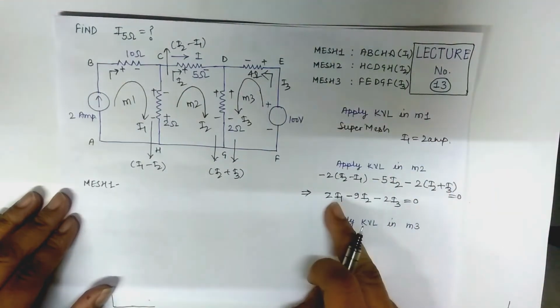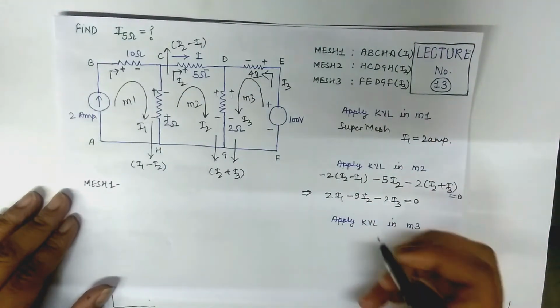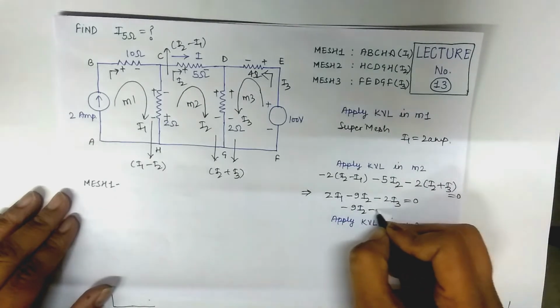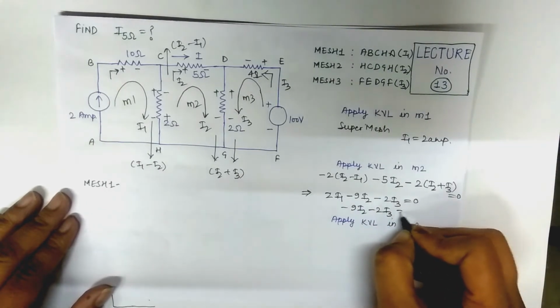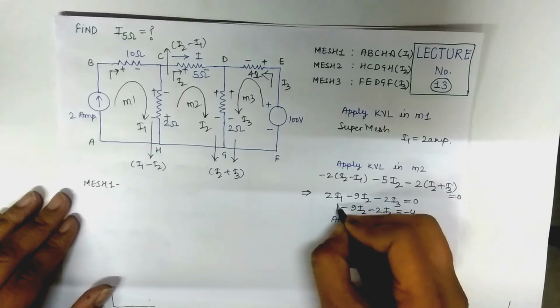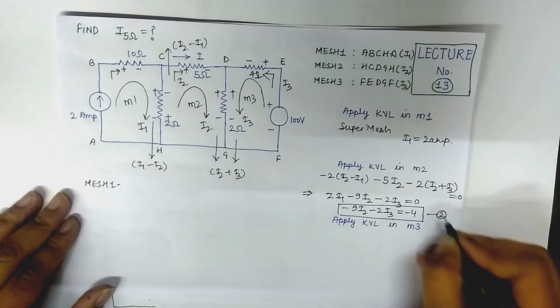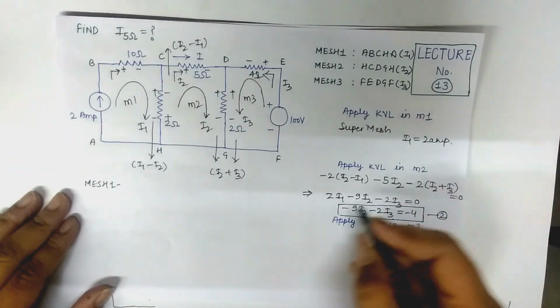Put I1 equal to 2 ampere. Solving, we get 2 I1 minus 9 I2 minus 2 I3 is equal to 0. Putting I1 equal to 2, the equation is minus 9 I2 minus 2 I3 is equal to minus 4. This is equation number 2, where we used I1 equal to 2.